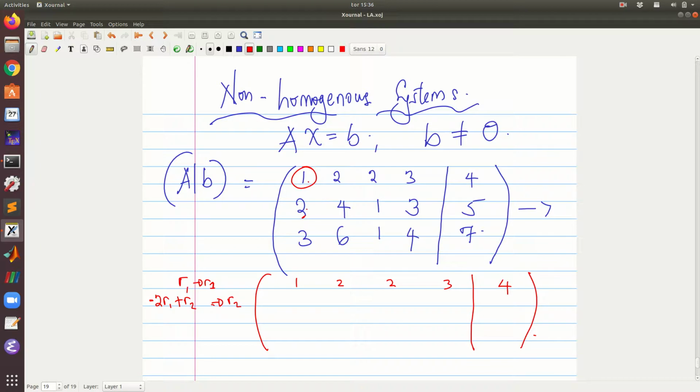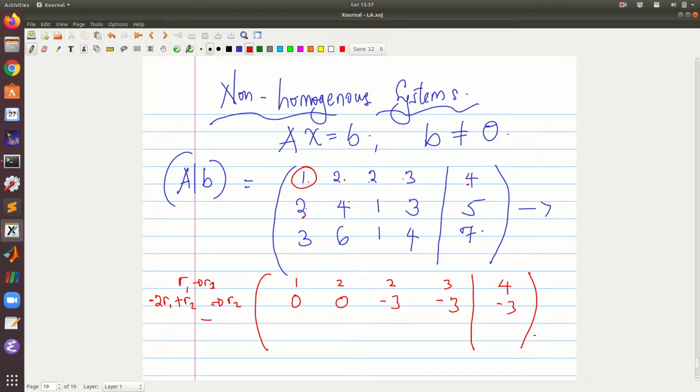Multiply by -2 and add, we have 0. Again, we have 0. Multiply by -2, that is -4, and add 1, we have -3. Then multiply by -2, that is -6, and add 3, we get -3. Then multiply by -2, that is -8, and add 5, we get -3.